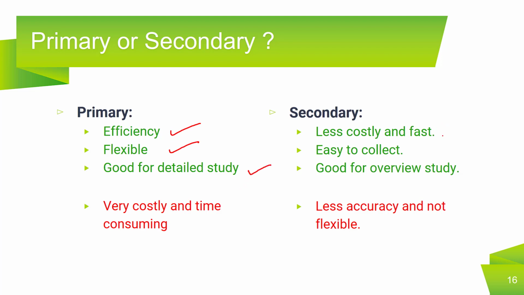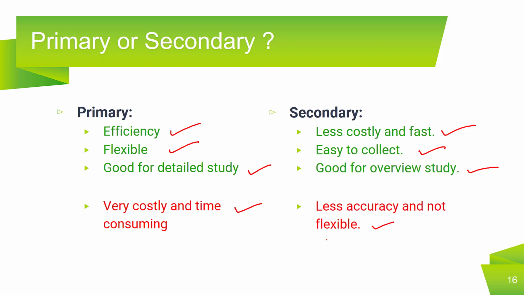And the good thing about secondary data is it is less costly and fast, easy to collect, and good for overview study, right? The bad thing about primary data is it is very costly and time consuming. The bad thing about secondary data is it is less accurate, right?